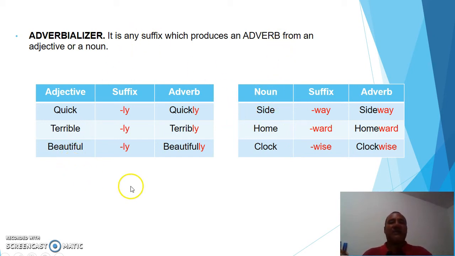I will illustrate this with a few examples, such as quick with the suffix -ly, which means the way we do something. We turn quick into quickly, terrible, terribly, beautiful, beautifully. And with some nouns such as side, sideways, home, homeward, clock, clockwise.